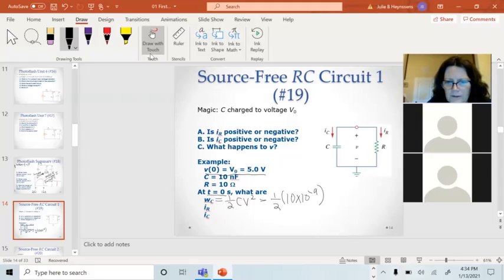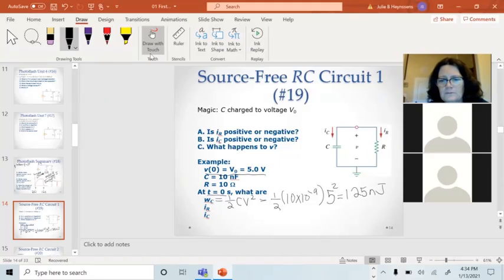V squared is 5 squared, 25. When I multiply that out, oh thank goodness, I'm so much more organized this semester. When I multiply that out, I get 125 nanojoules. Energy is always in units of joules. Mechanical engineers never miss that.